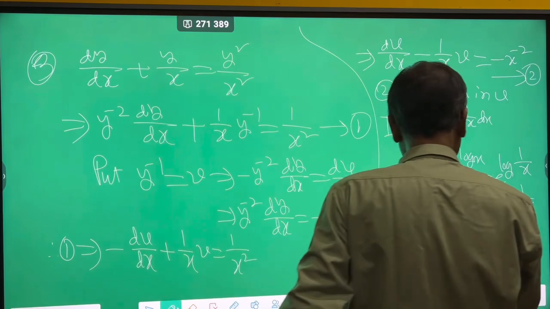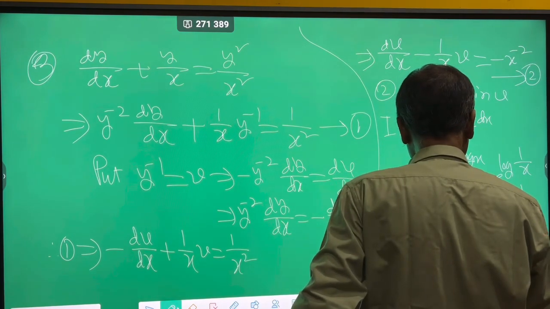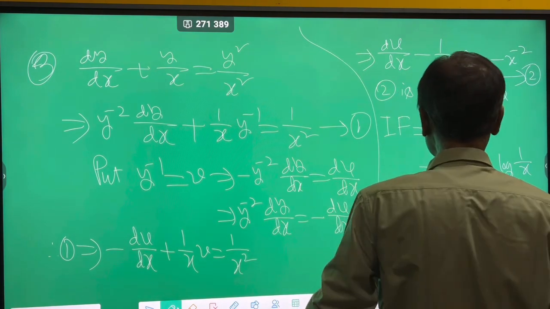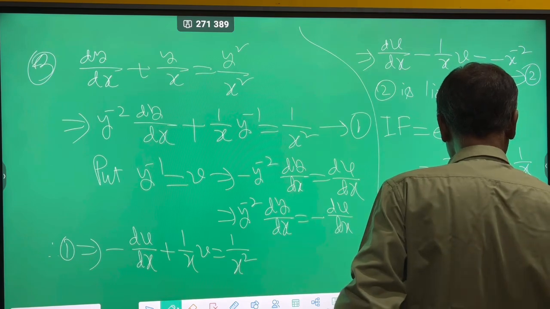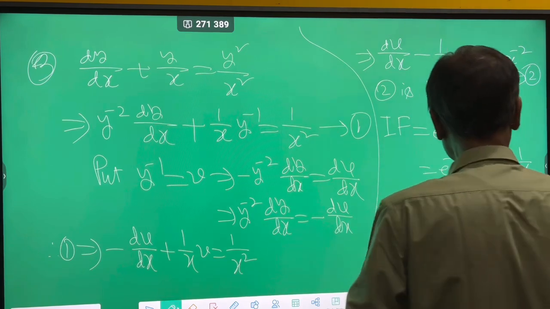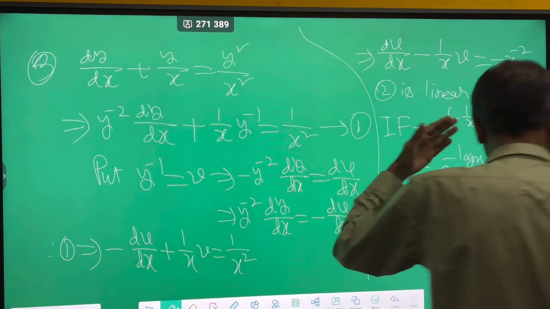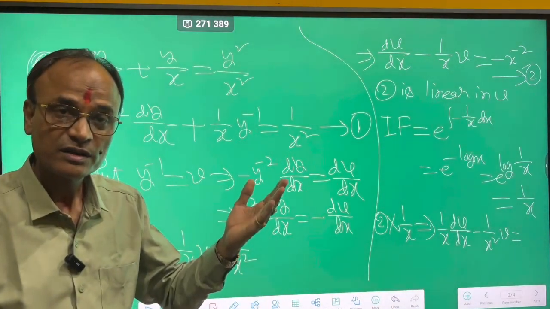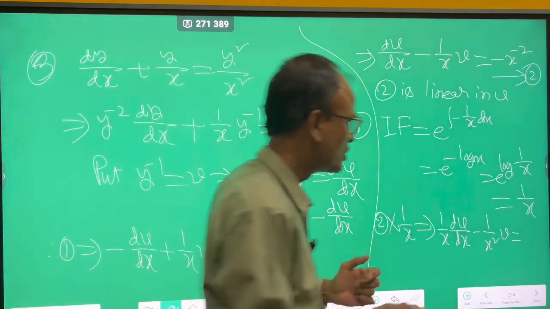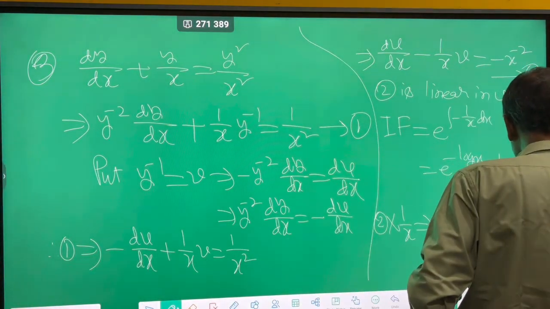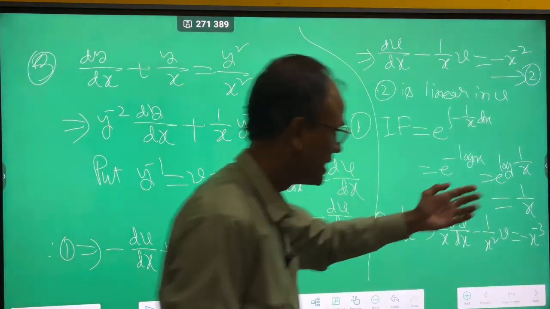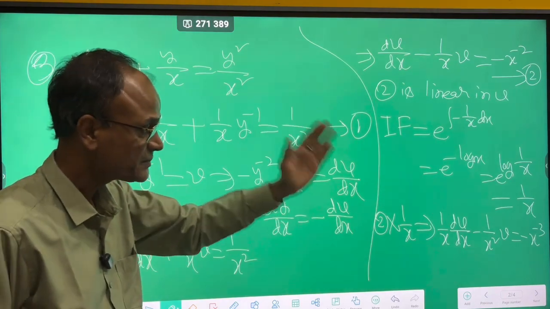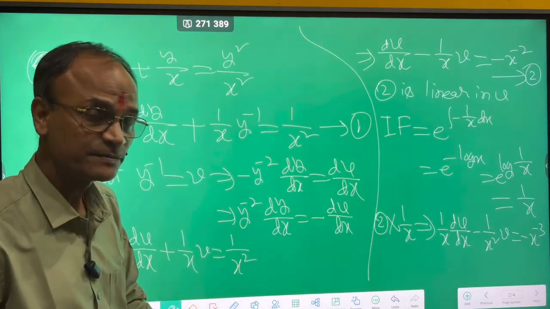You will get 1 by x dv by dx minus 1 by x square v equal to minus x to the power minus 3. If you multiply by 1 by x, it will be this.